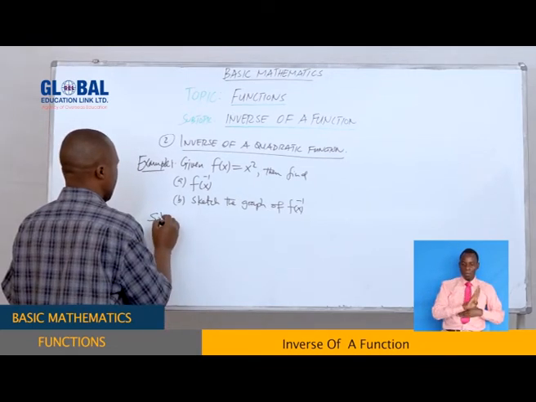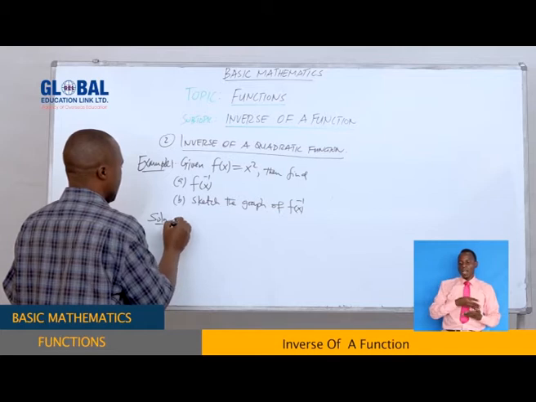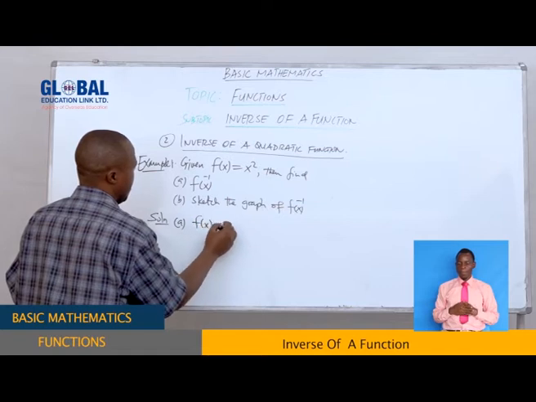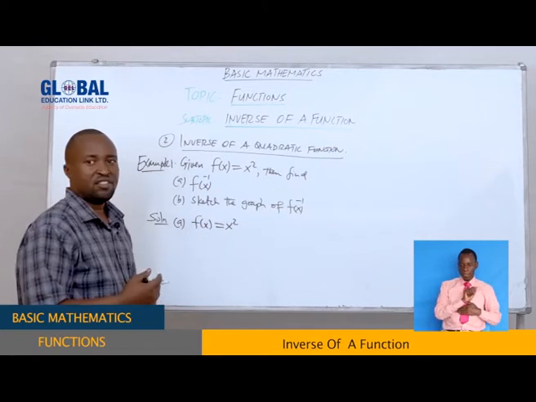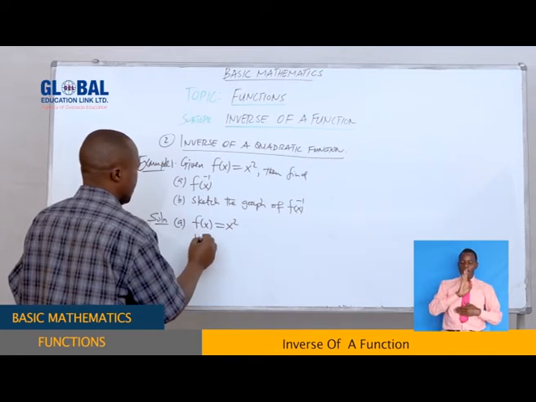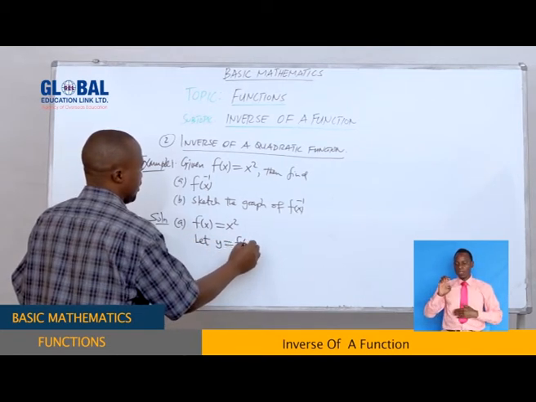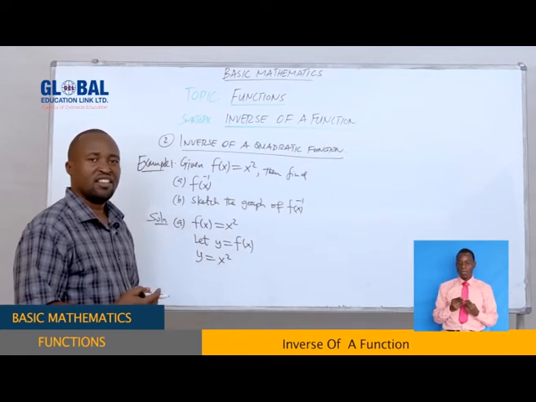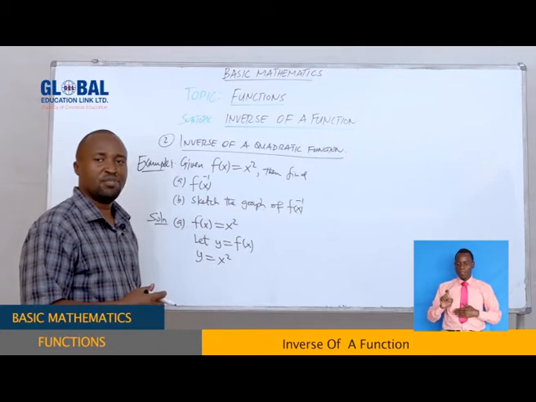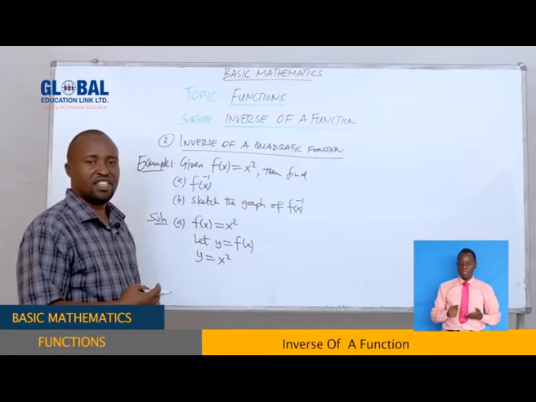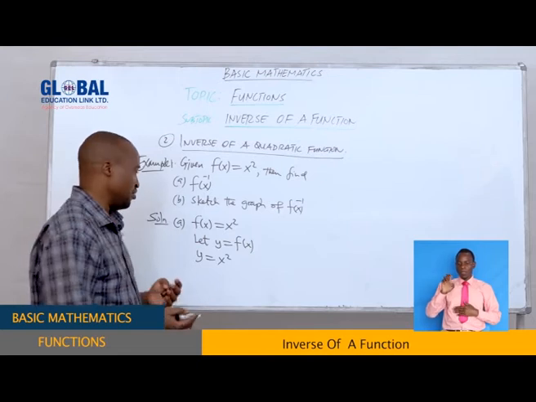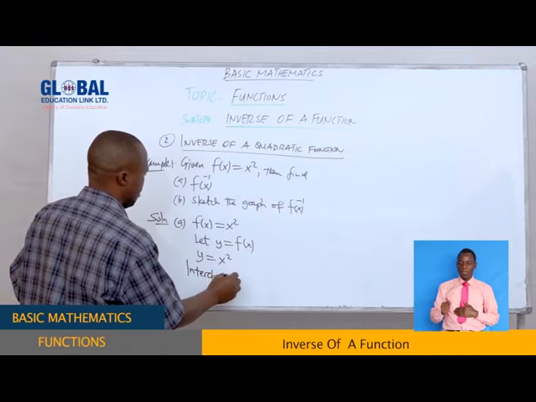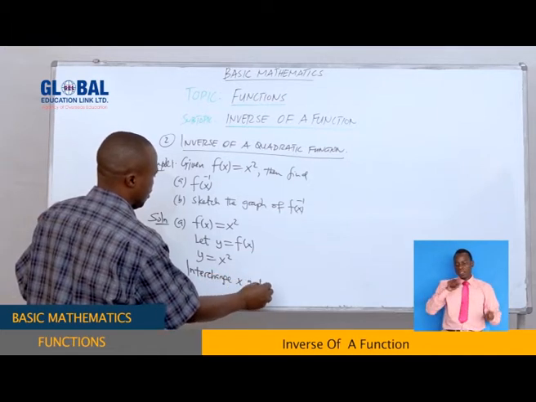In this case, starting with A, our function is f of x is equal to x squared. So say let y is equal to f of x. That is y is equal to x squared. Then I'm sure you remember the procedures of finding the inverse of a function. We interchange the variables, x and y.